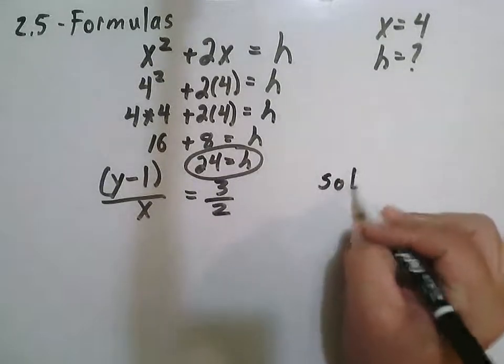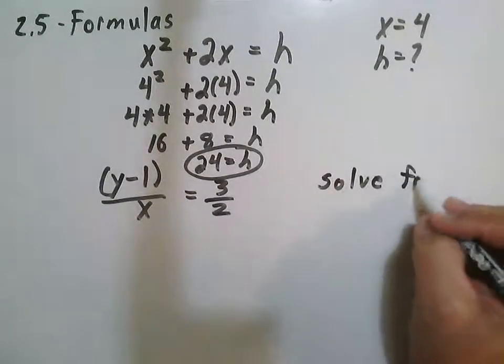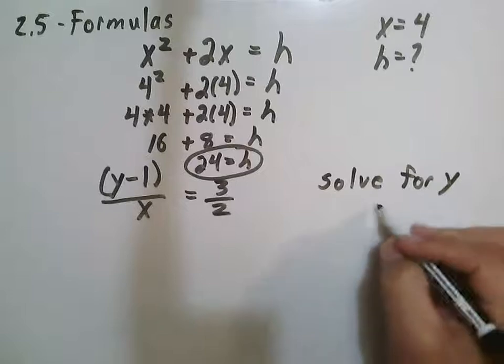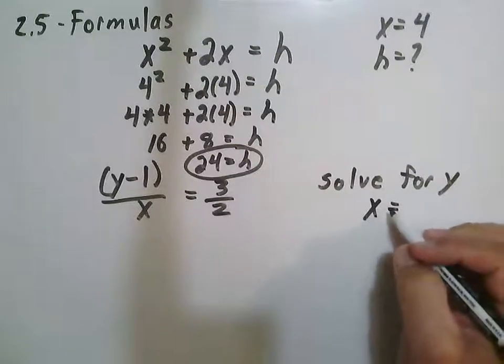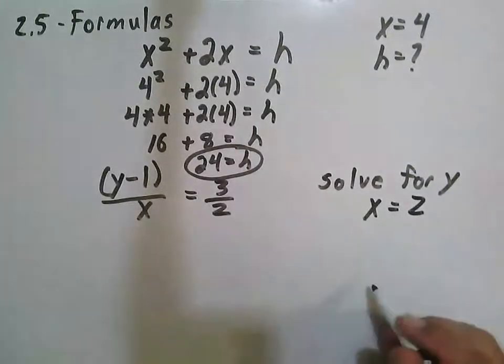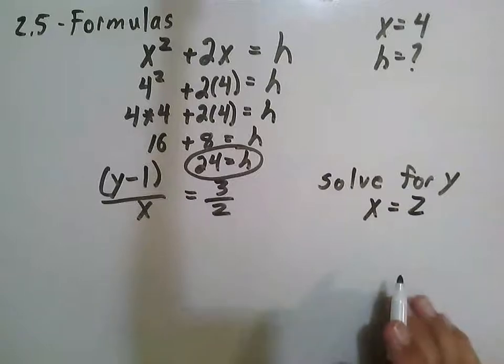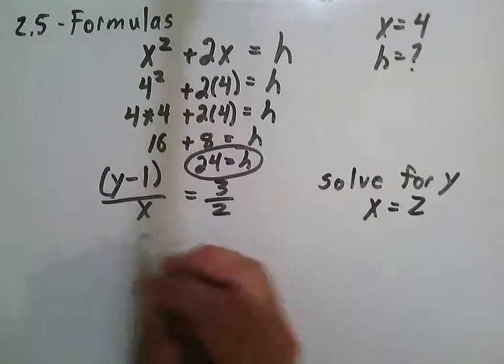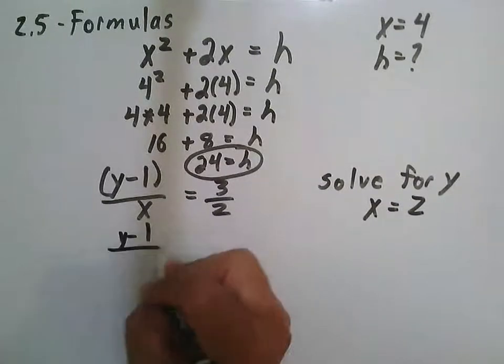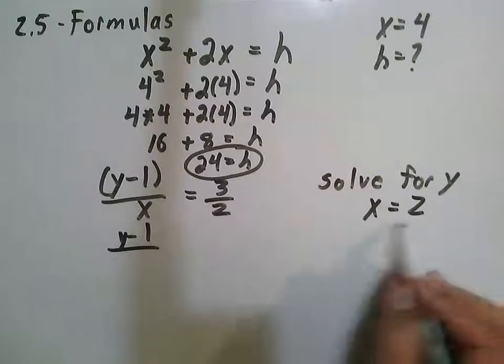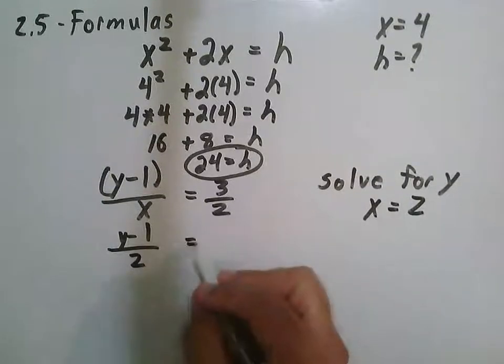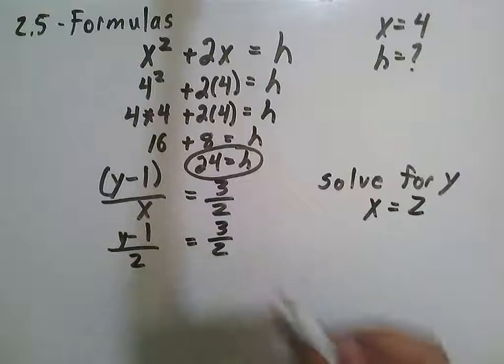But this particular one, I'm trying to solve for y. So I know that x is equal to, let's say, 2 for this particular one. Process is going to be the same. All I'm doing is just substituting this in, so that's going to be y minus 1, and I'm just substituting the x for 2. So all of that over 2 is equal to 3 over 2.